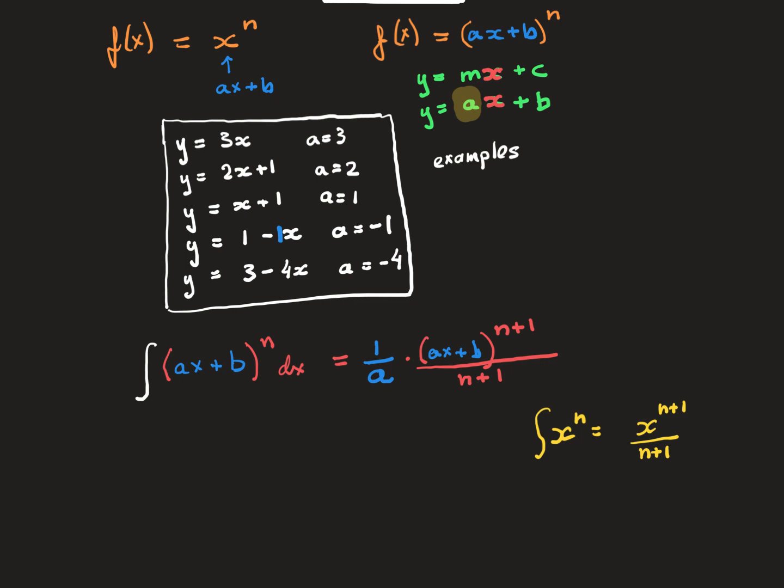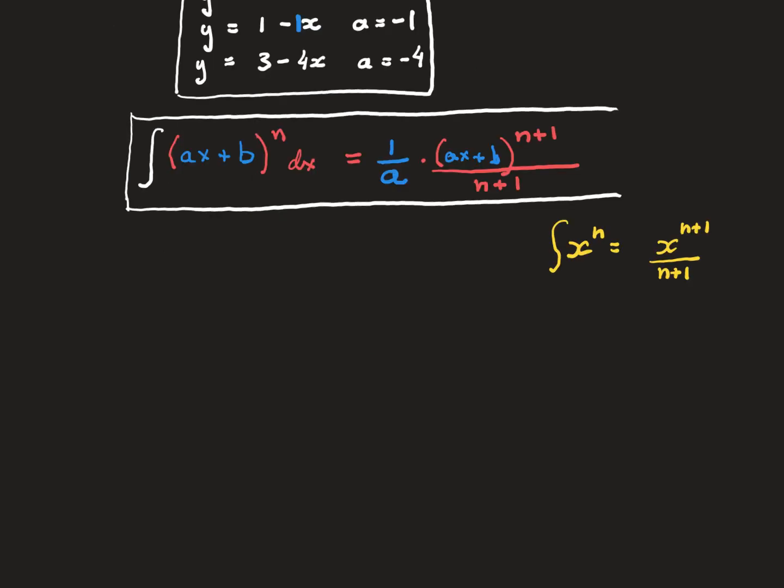Instead of just being x, it's ax plus b. And before I close this special formula into a rectangle, I will add a very important constant c, which is always needed there. And now we can close it off. And that's our formula for integrating.